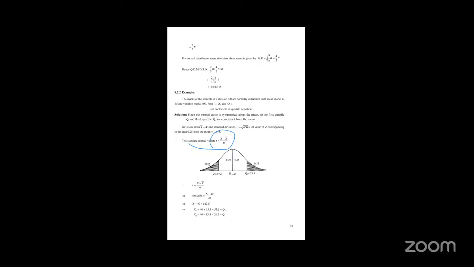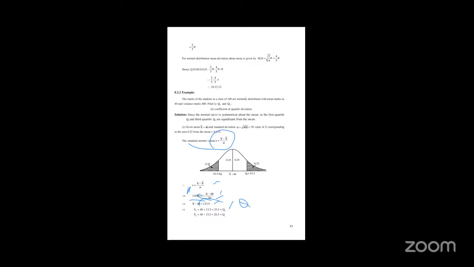So we need to substitute the values. Z value is 0.675 equals X minus 40 by 20. So this comes to 13.5. Then this minus 40 comes to the other side and becomes plus 40. So 40 plus 13.5 is 53.5.